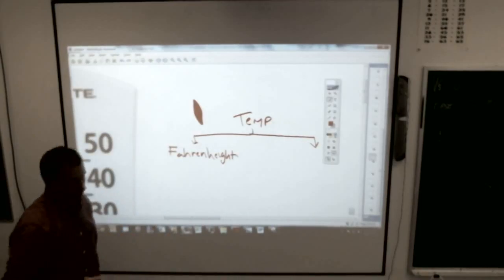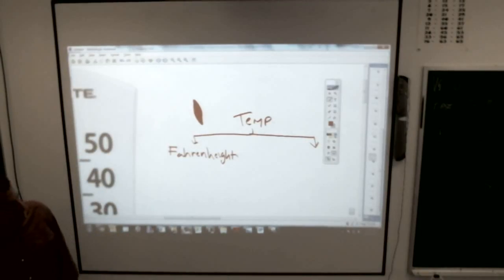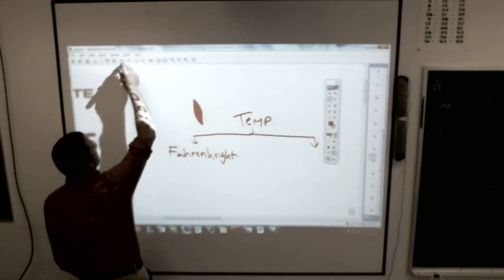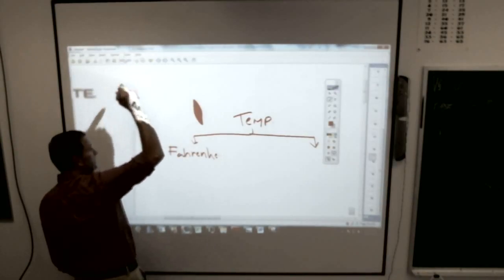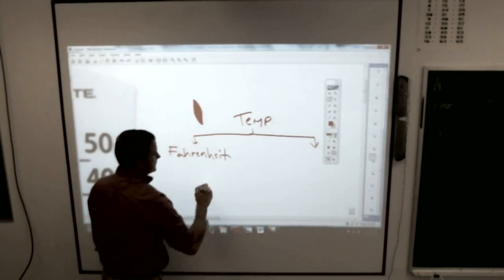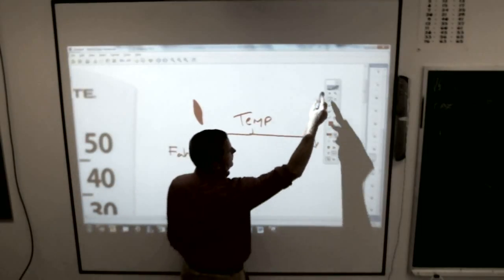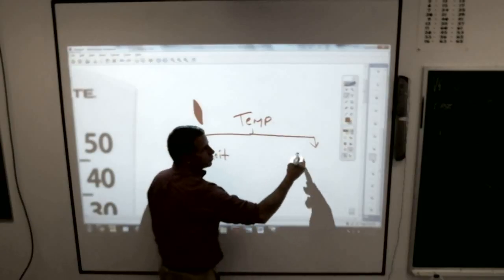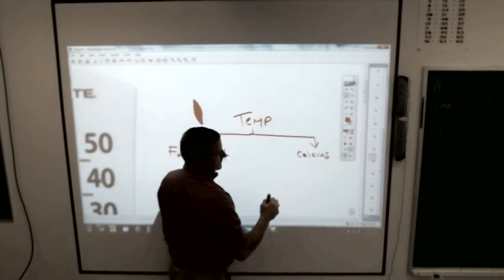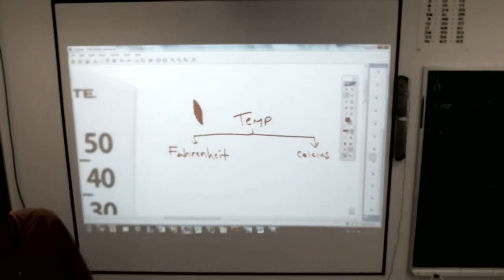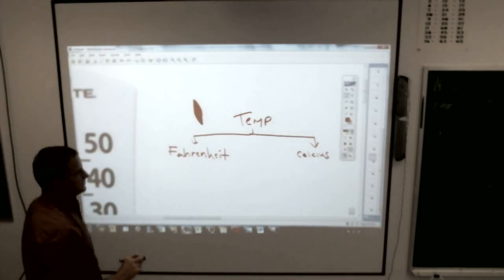Did I spell that right? And the other one, the metric system, what everybody else in the world uses, is called the Celsius or centigrade. Did I spell that one right?